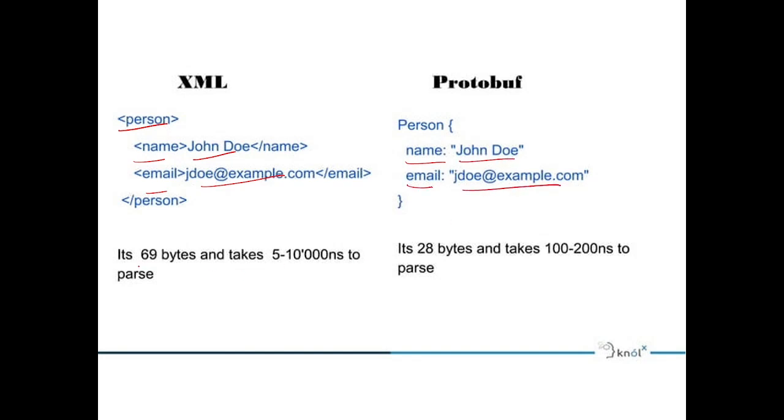The amount of data consumed in XML is 69 bytes, and the same thing with protobuf is only consuming 28 bytes. For parsing, XML takes 500 to 1000 nanoseconds, but protobuf takes 100 to 200 nanoseconds.